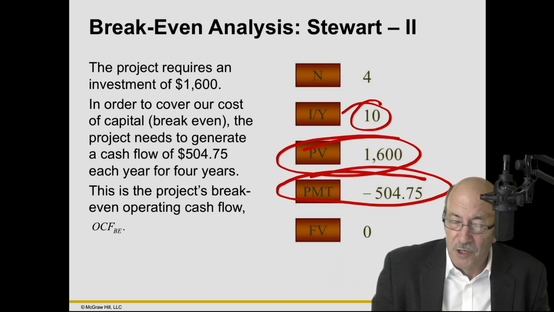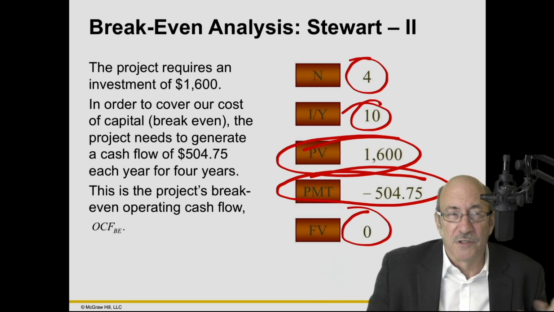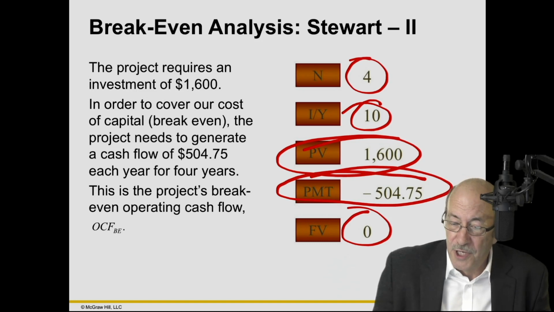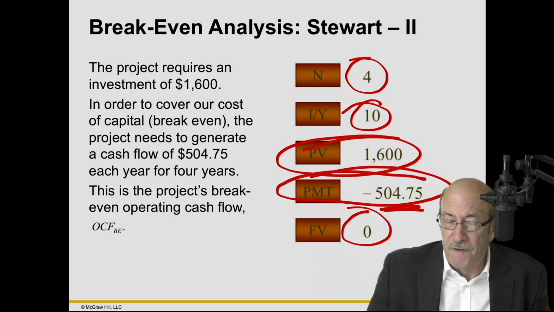Remember, we're still using our 10% discount rate. It's for 4 years. Future value is 0, so we're assuming no salvage of any sort. And so plug in the first 3 numbers and compute a payment. Well, it turns out that that payment would be just a little under $505 million per year.